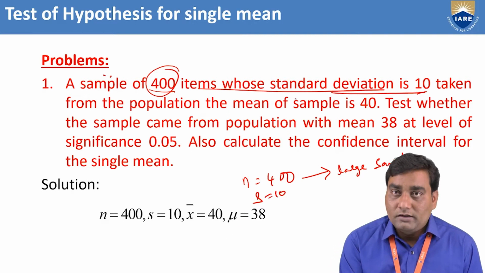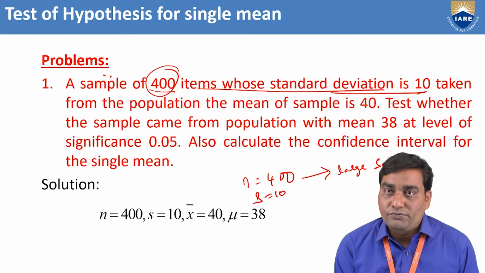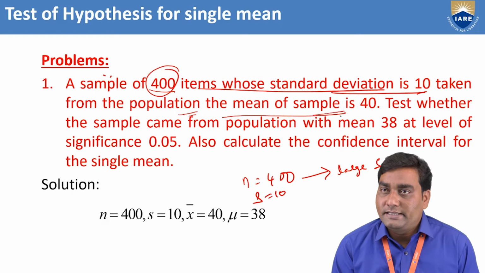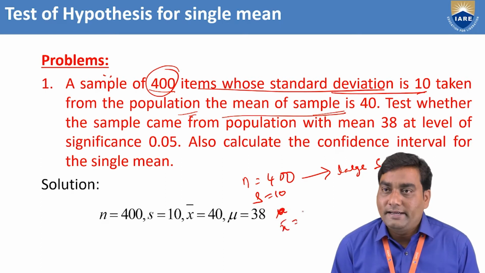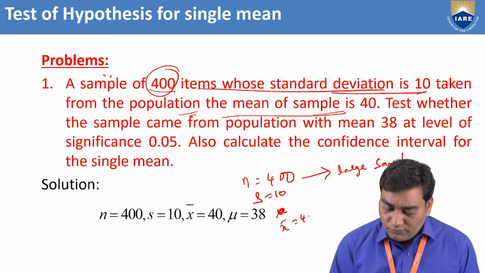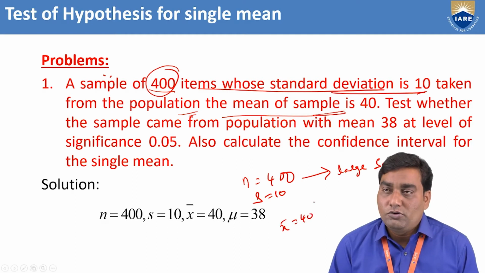This sample we have chosen from the population. The mean of the sample, x bar, equals 40.